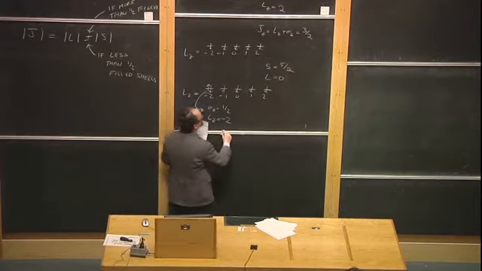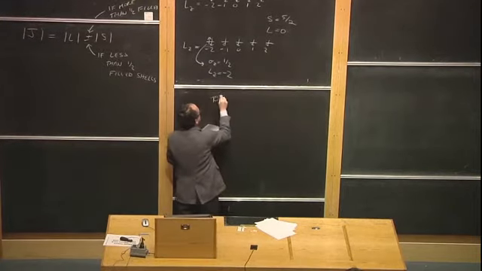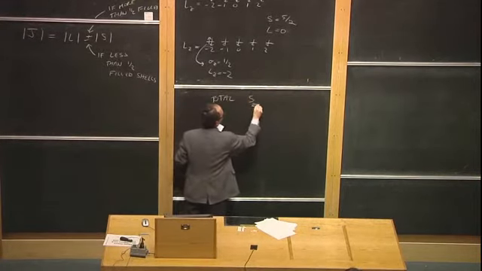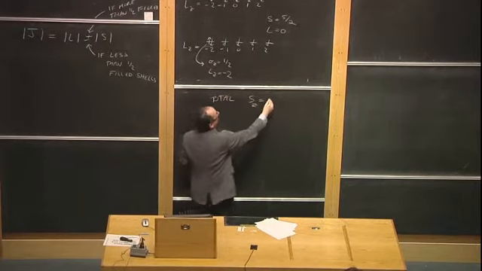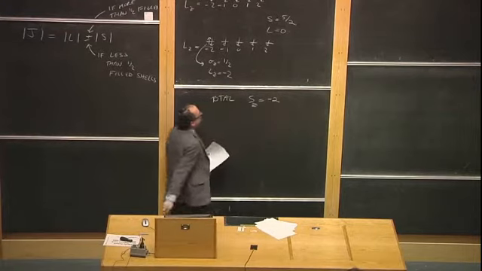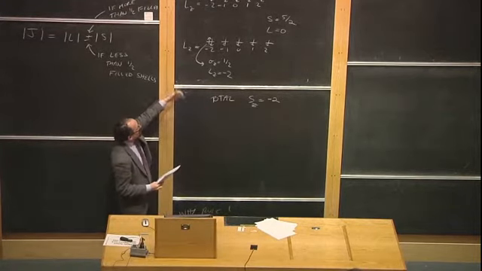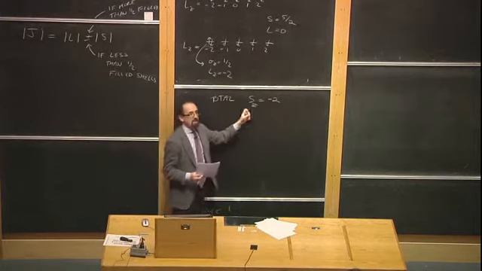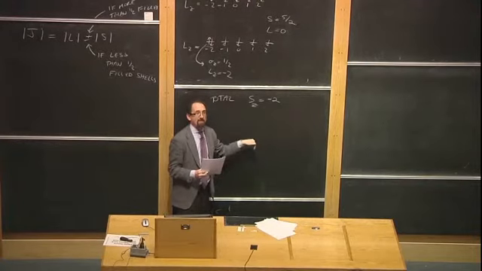But now notice what's going on here. The total SZ is actually still negative. It's negative 2, right? The last electron I put in was pointing up, but the total spin is still pointing down.